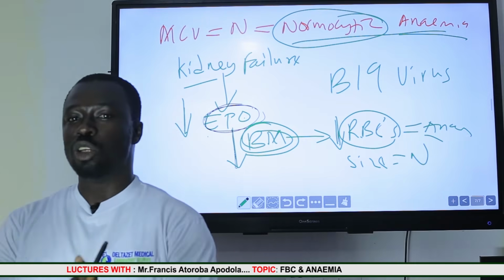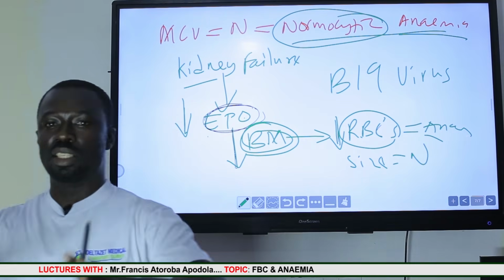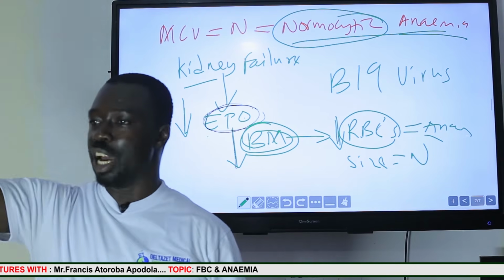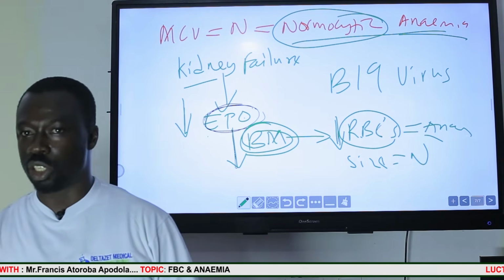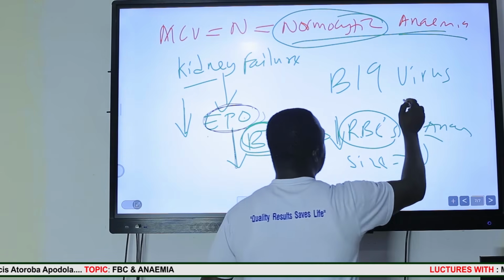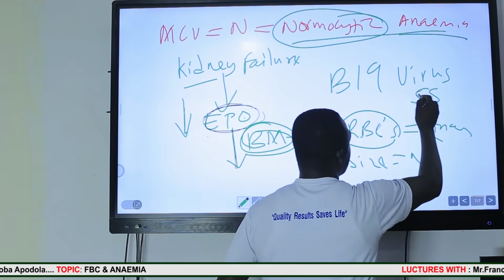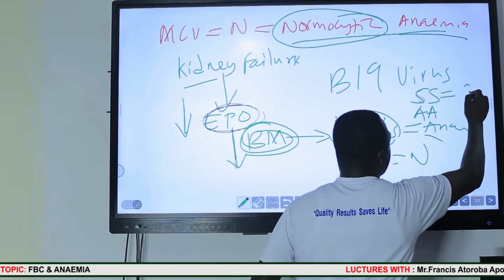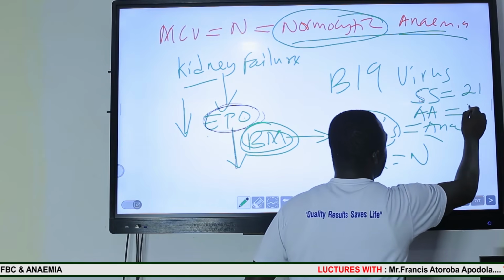If somebody who does not have sickle cell, that is the AA person, gets the B19 infection, that person will survive, because of the red blood cell lifespan. So we are looking at SS versus AA. The SS, their RBC lifespan is 21 days. AA is 120.